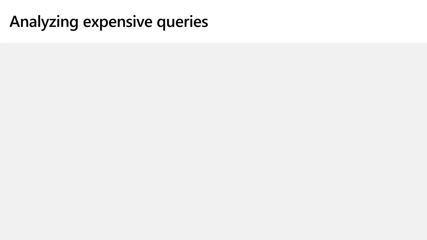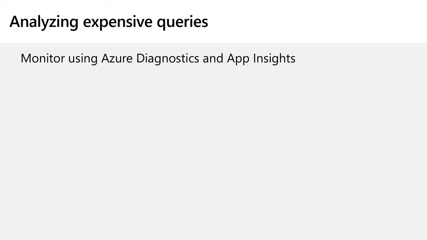Okay, you saw some towers in the graph. Let's analyze why those towers are there and why those queries are taking a lot of RUs. When you analyze queries, you can use two things. One is Azure Diagnostics, which is out of the box from Azure. It helps you find out what the queries are and how many RUs each query has taken up.